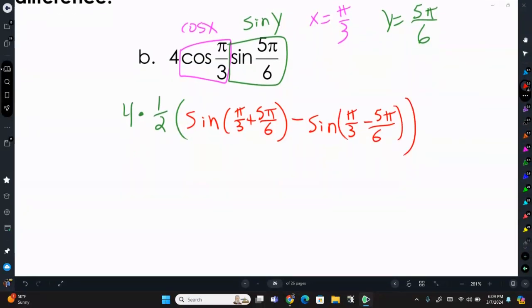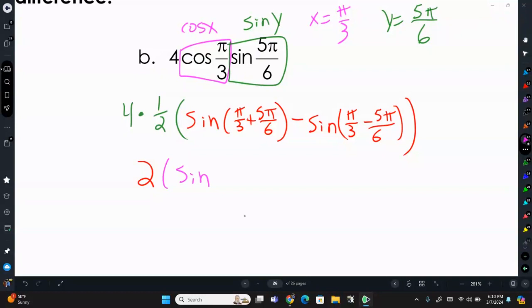So let's multiply 4 and 1/2 and get 2 times the sine of, well, sine of pi over 3 plus 5 pi over 6.